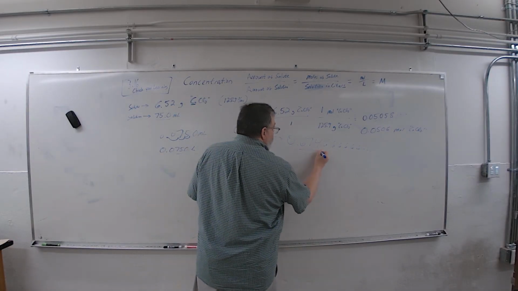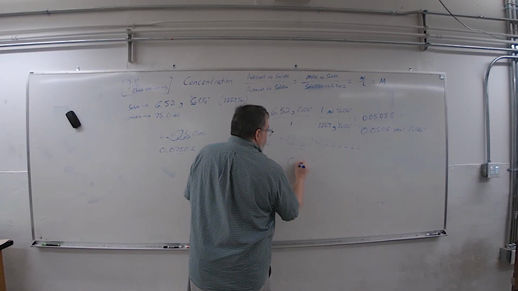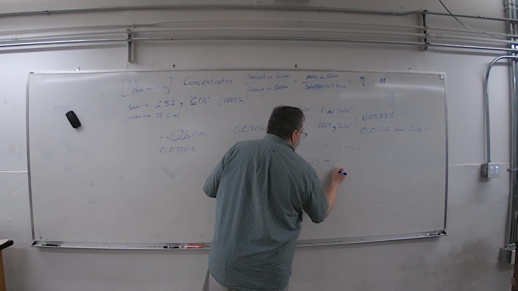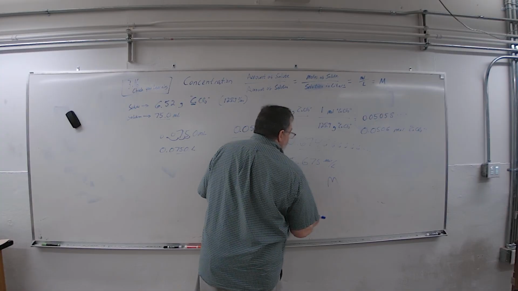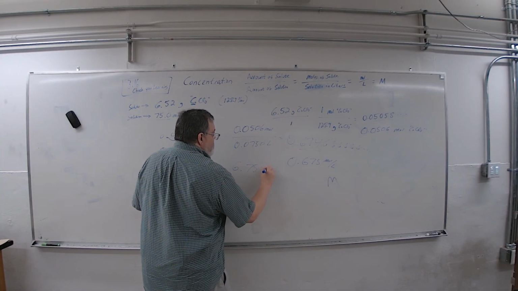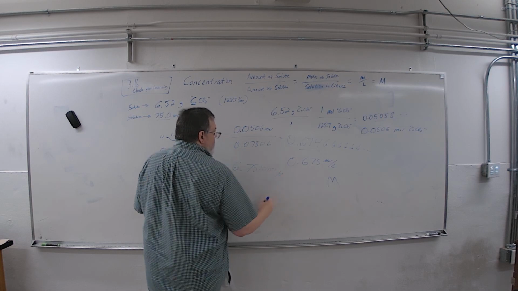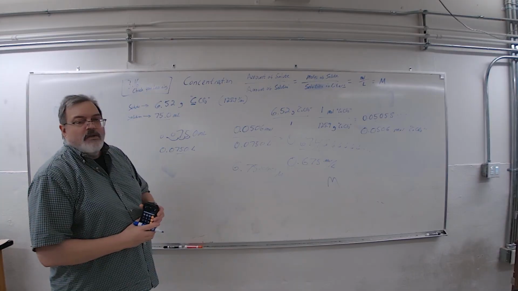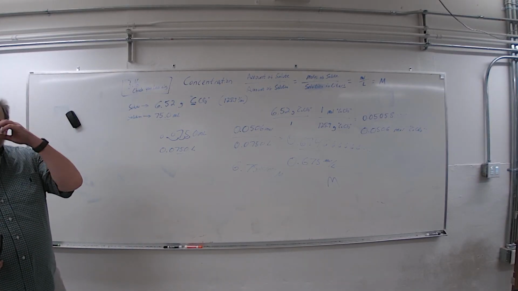Three significant figures is there. The 6 rounds up the 4, so 0.675 moles per liter. I could put that as a capital M. I could go 6.75 times 10 to the 1 M for standard scientific notation. You guys okay with that?